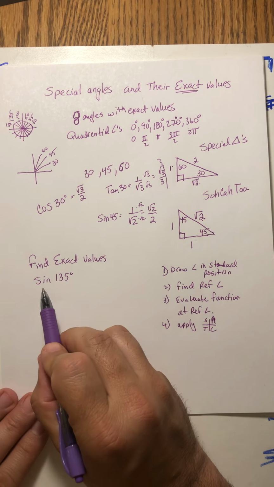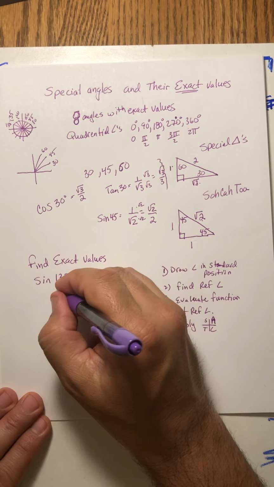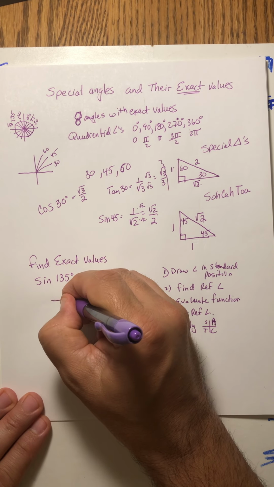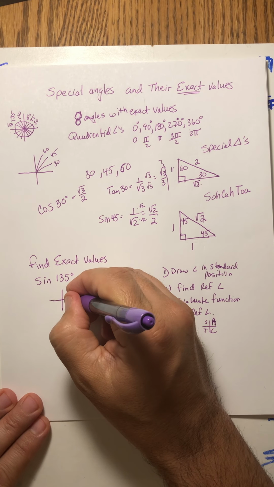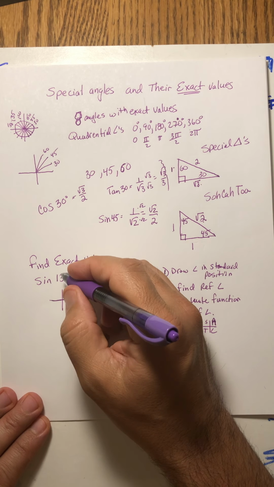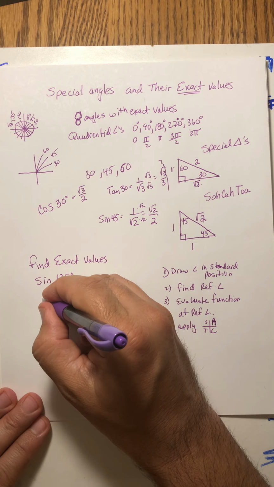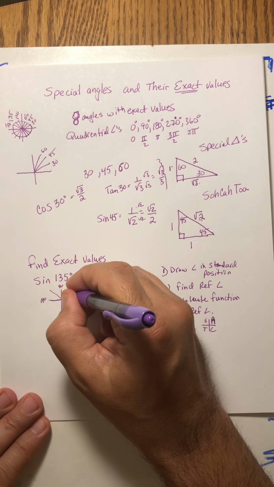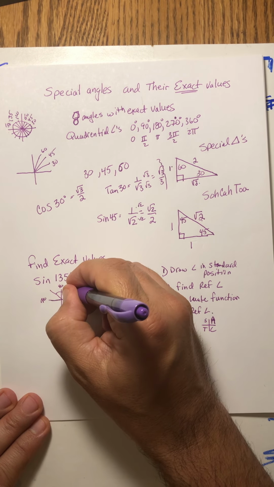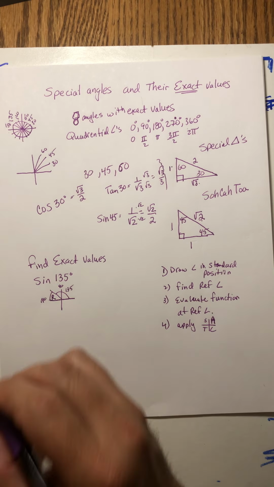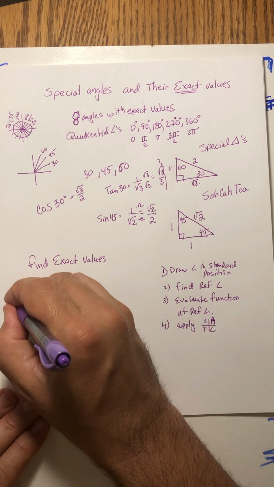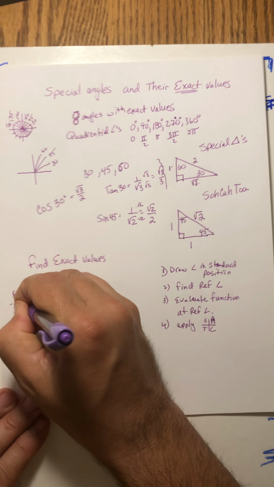All right, sine of 135. Draw the angle in standard position. 135 is in between 90 and 180. The reference angle is right here. 180 minus 135 is 45.